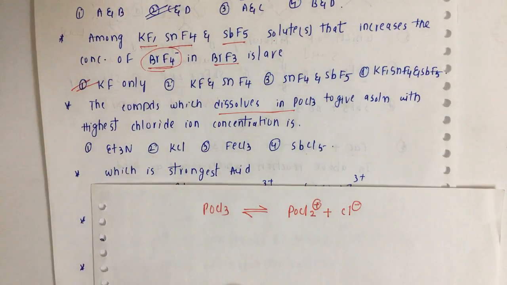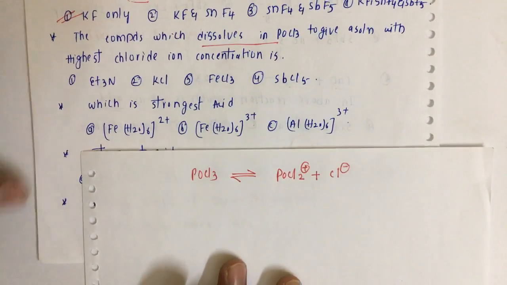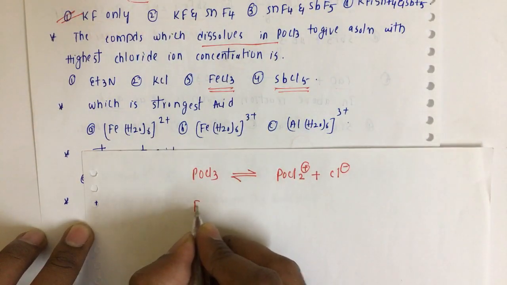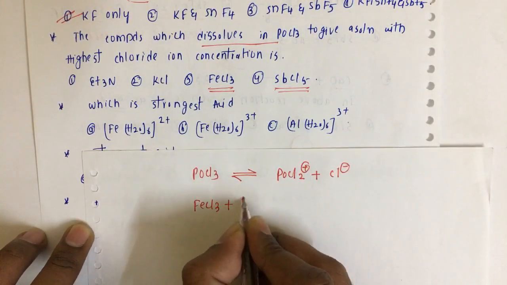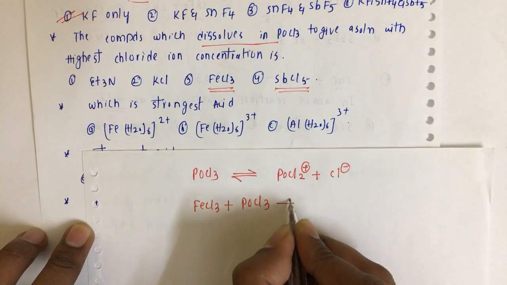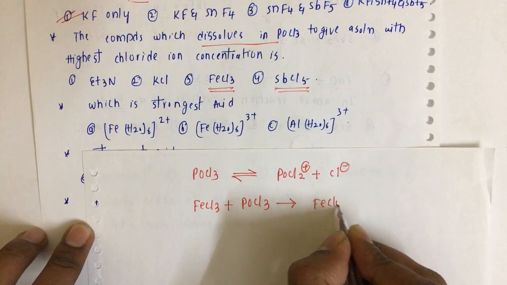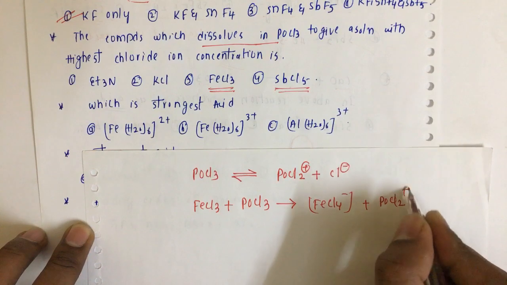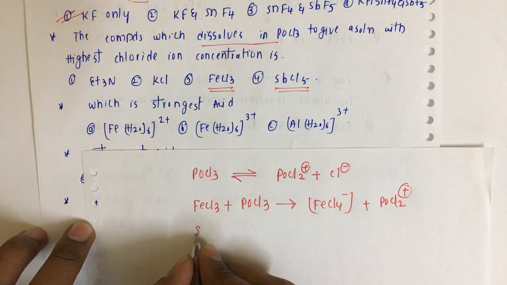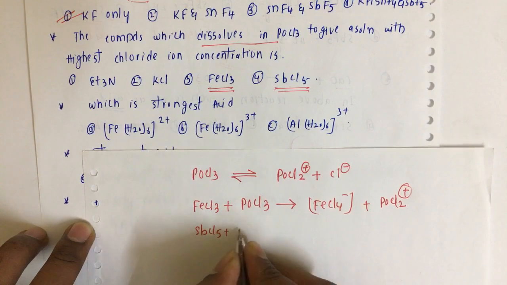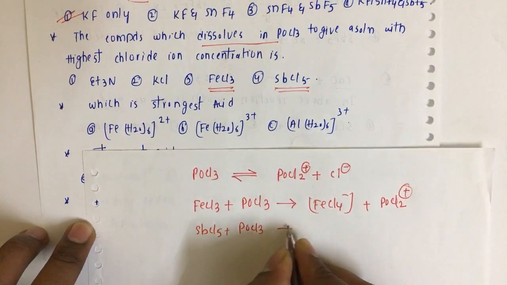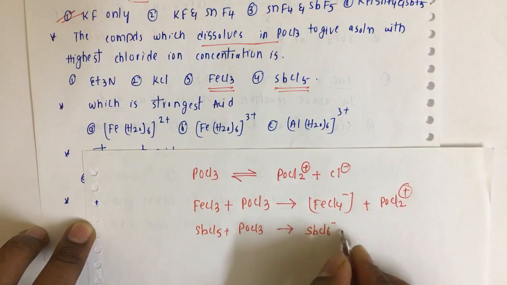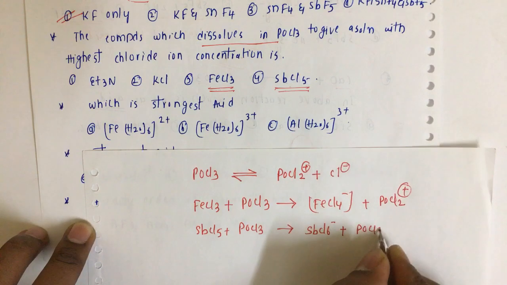Okay, so FeCl3 plus POCl3 produces FeCl4 minus plus POCl2 plus, and similarly SbCl5 plus POCl3 produces SbCl6 minus plus POCl2 plus.